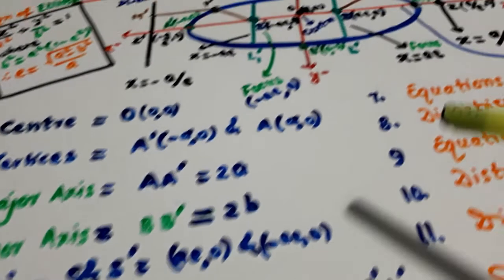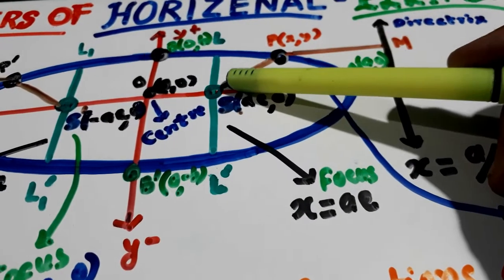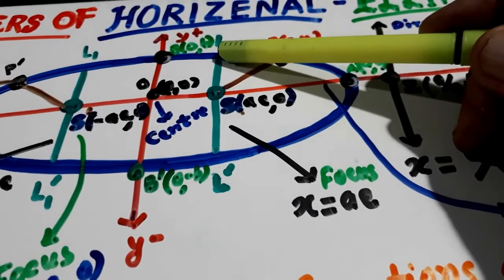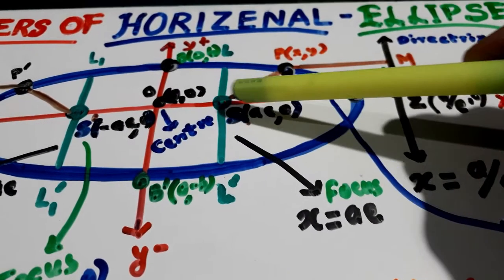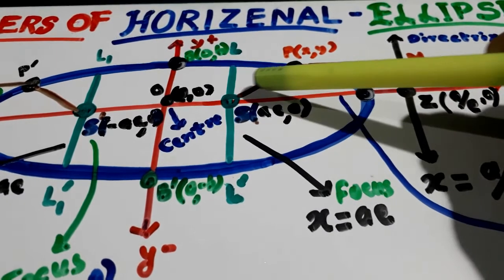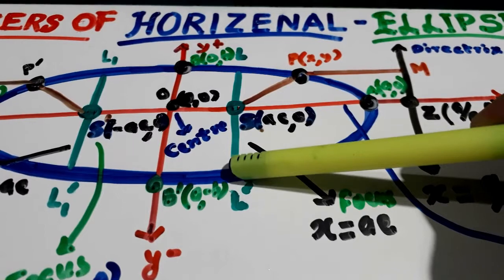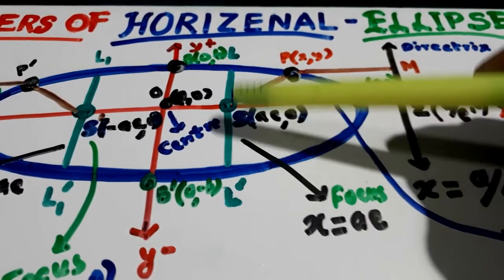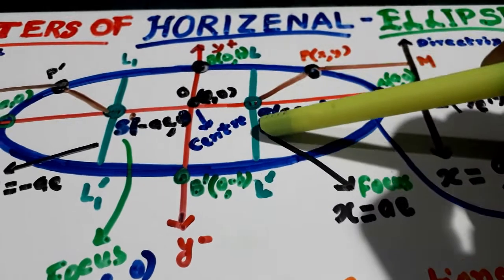Latus rectum. Yes, see here. L, S, L dash. The perpendicular on the major axis passing through the focus is called the latus rectum. So there are two latus rectum, one is here, another is here.